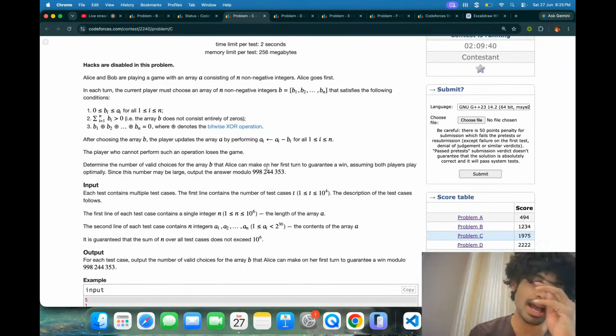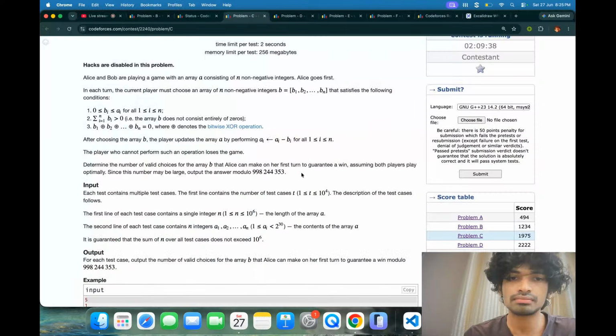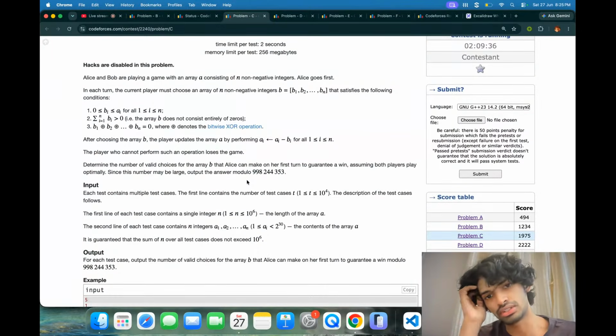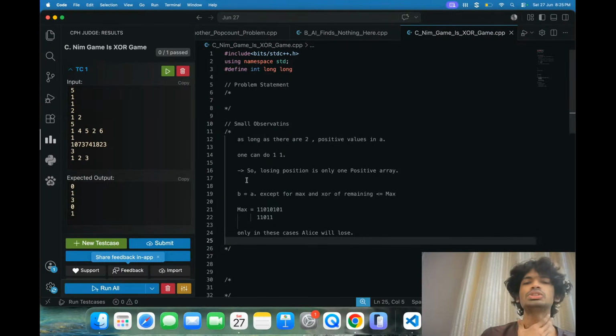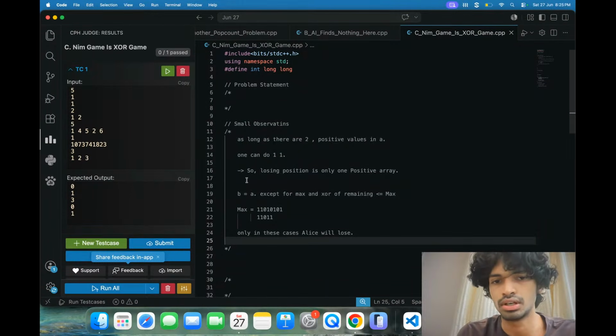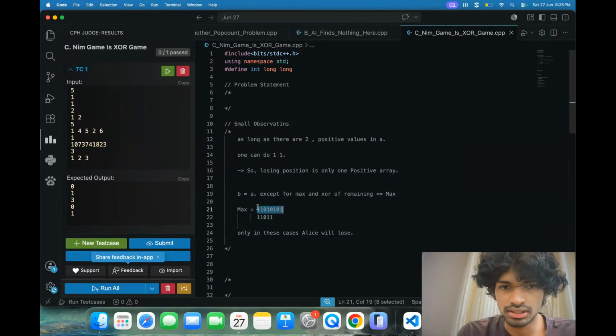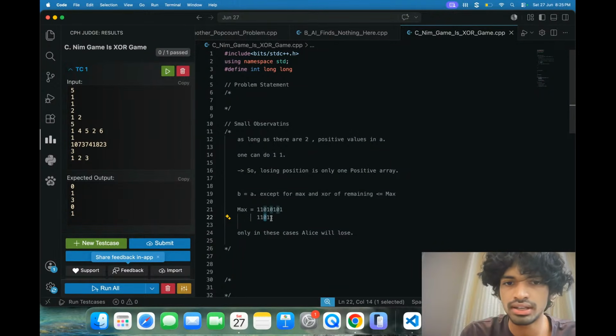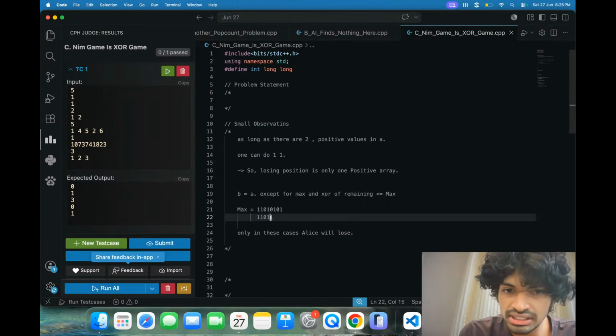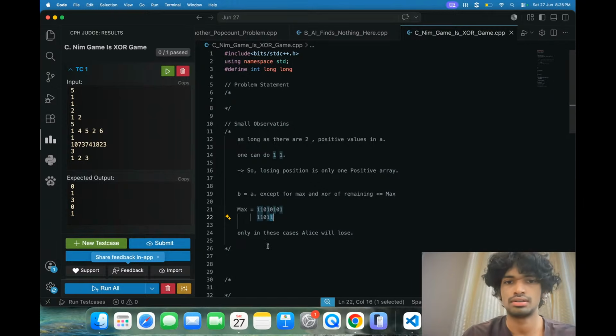What number of ways can Alice lose, Alice can win? So most of the time, if she has done something, maybe she will lose. Okay, let's just think of that. All these bits are even, and then the first bit that has been odd.